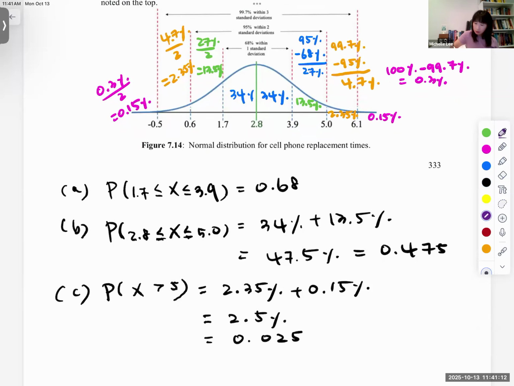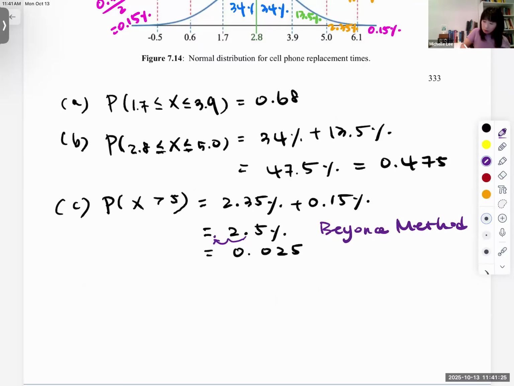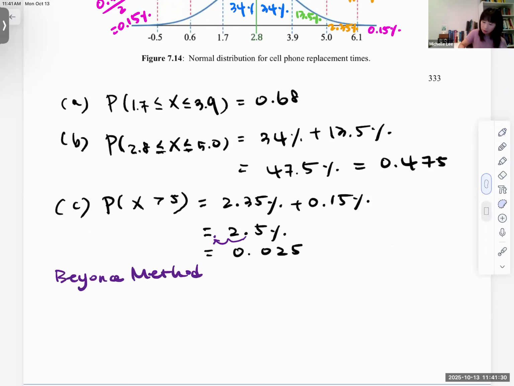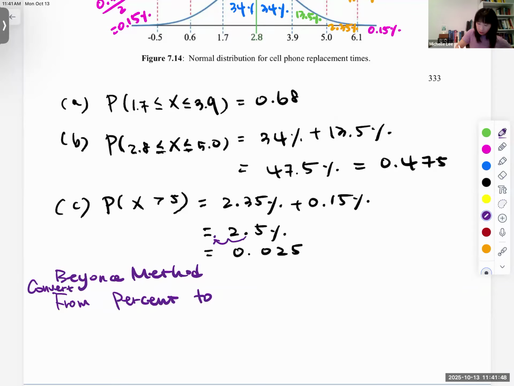Same method as before. We're using the conversion from percent to decimal, right? Convert percent to decimal.